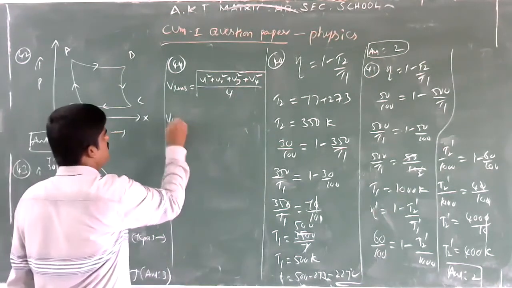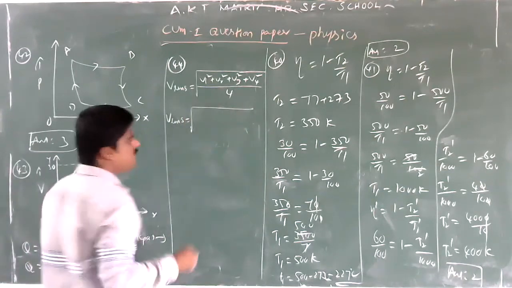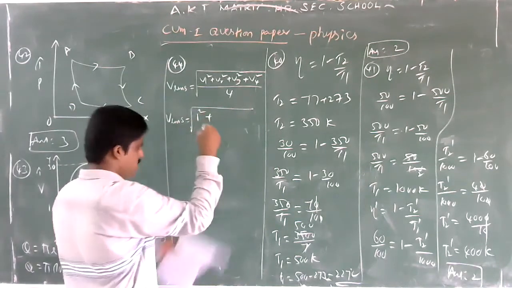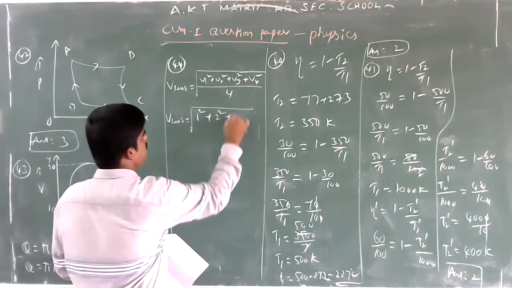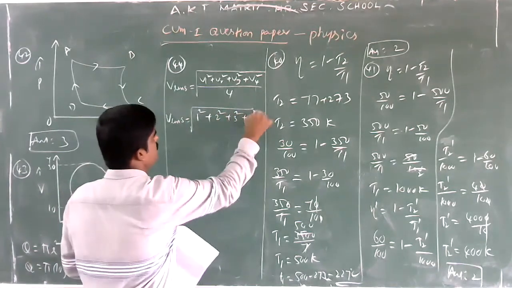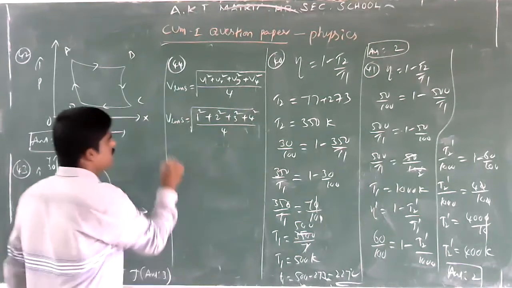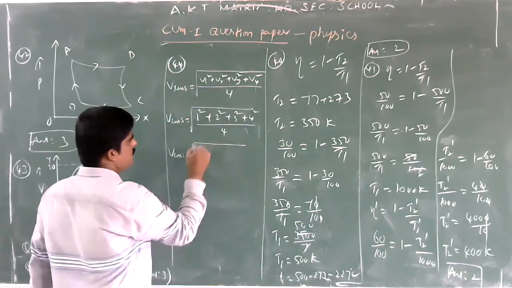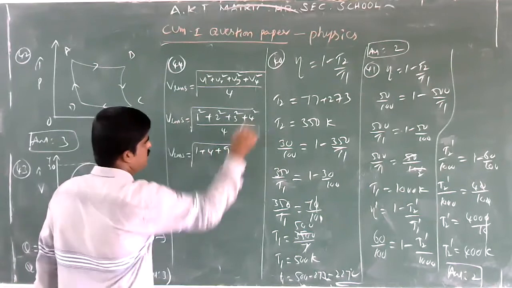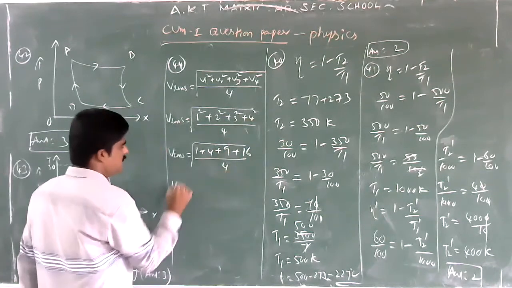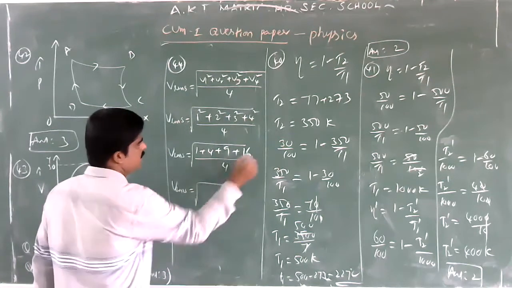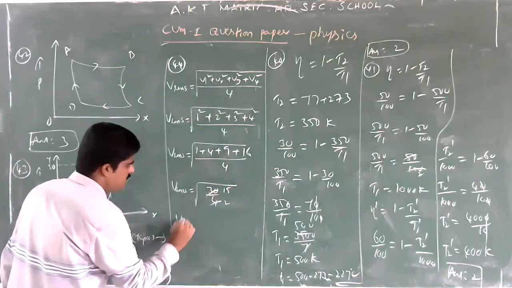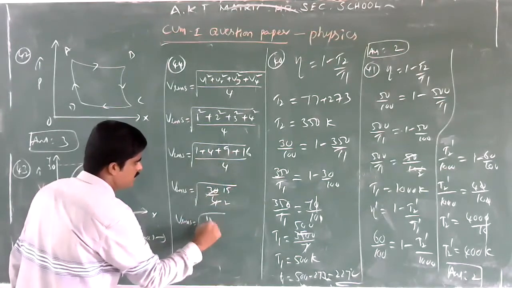Then V RMS is equal to the square root of 1 square plus 2 square plus 3 square plus 4 square, divided by the number of molecules, 4. So V RMS is the square root of 1 plus 4 plus 9 plus 16, which is 30, divided by 4, which is 15 by 2. Then V RMS is equal to the square root of 15 by 2.